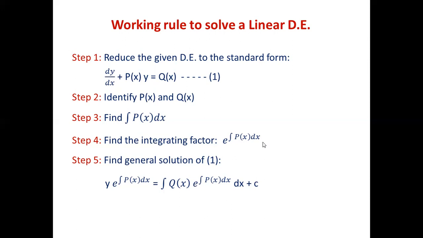And then we will write the general solution: y multiplied by the integrating factor is equal to integral of q of x multiplied by the integrating factor plus c, the integration constant. This is the working rule to solve a linear differential equation in y.